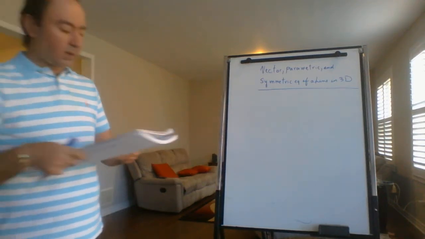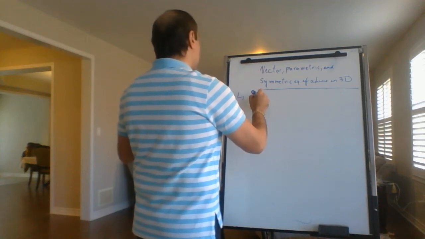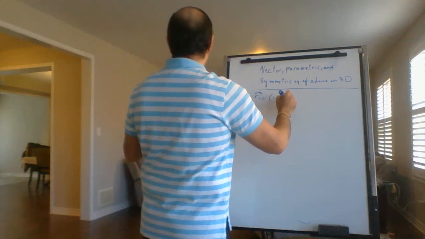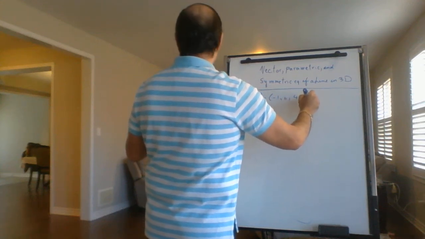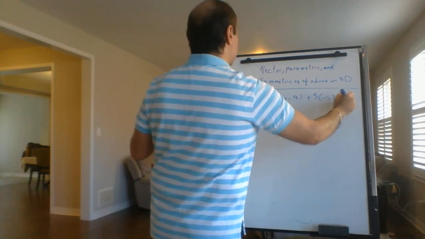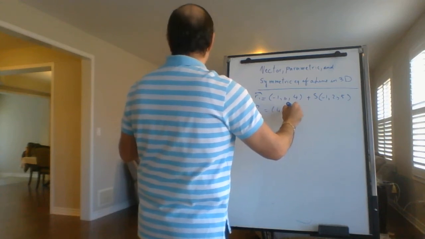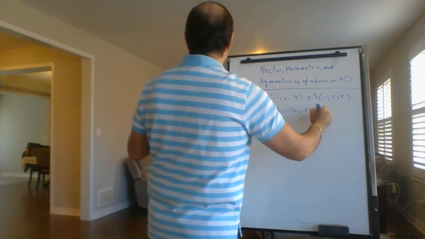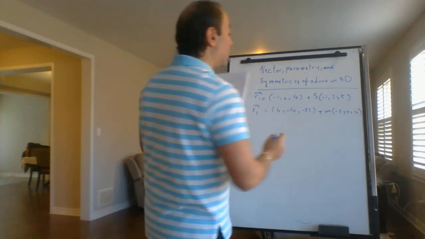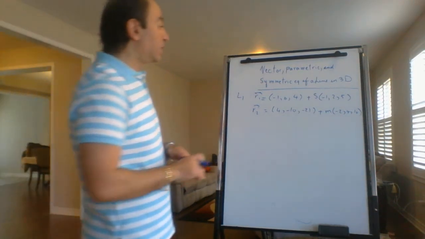Okay. The next example says line 1: r equals -1, 0, and 4 plus s times a direction vector, and line 2: r2 equals 4, -10 and -21 plus m times -2, 4, and 10. We need to know what is the relationship between these two lines.